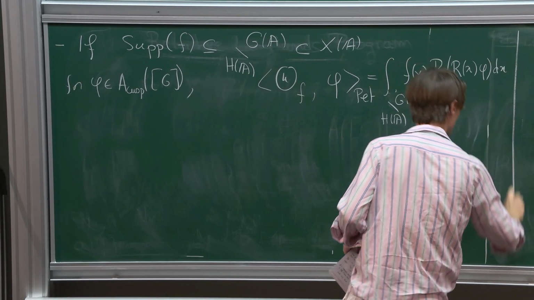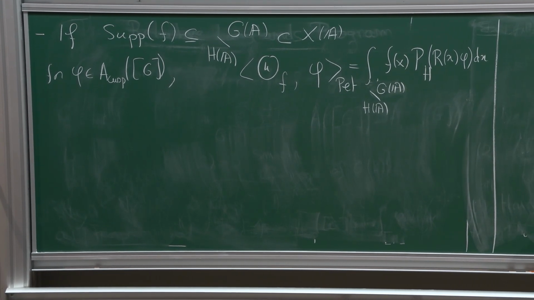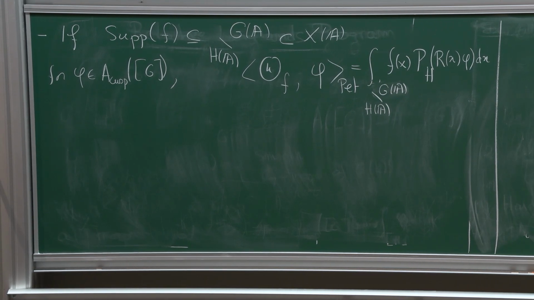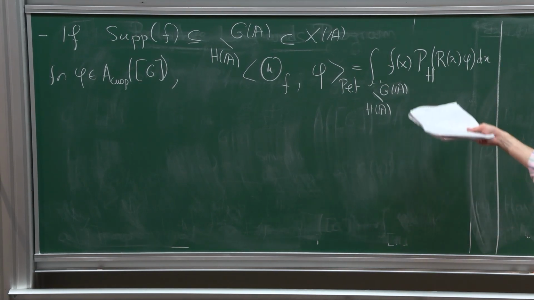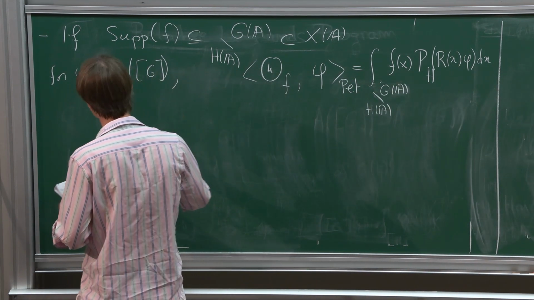Okay? So in this sense, the theta series are essentially encoding the same information when you pair them with cusp forms as automorphic periods. So we're not losing much information here.